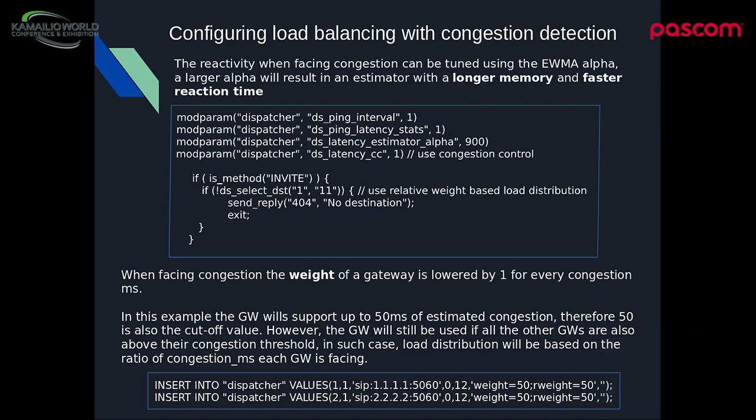How do you configure it? Mainly, you use the same settings that were used to monitor because it's using the metrics. And then you just tell it, yes, use congestion control here. And then you use algorithm 11 because algorithm 11 is using relative weight-based load distribution.